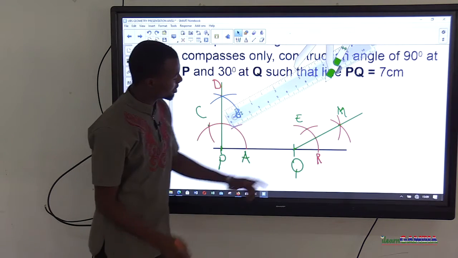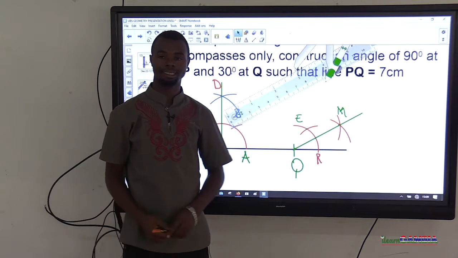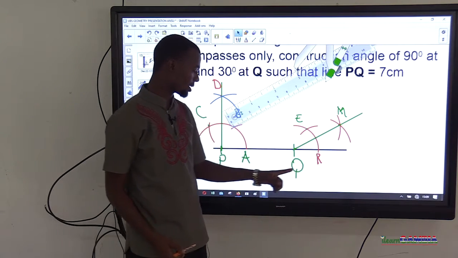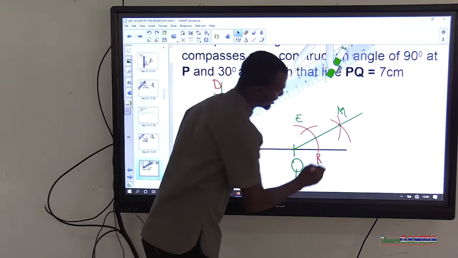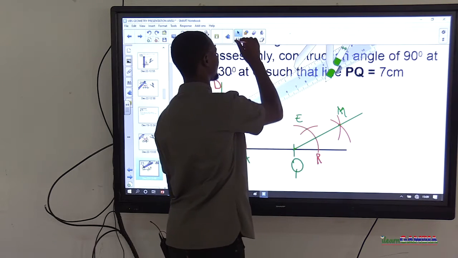So you can see MQR is 30 degrees, or you call it RQM. That angle there is 30 degrees.